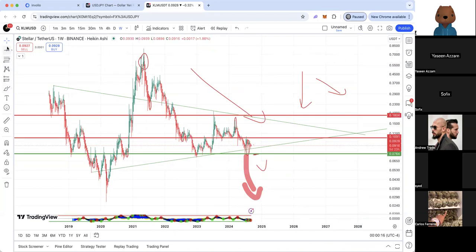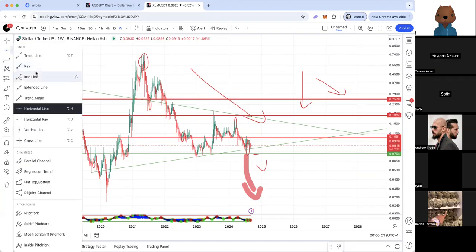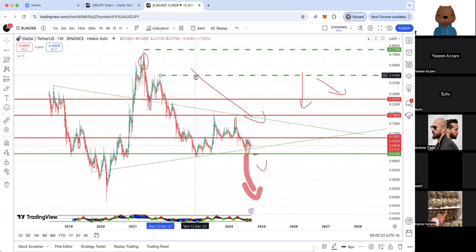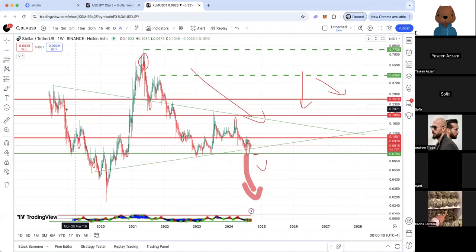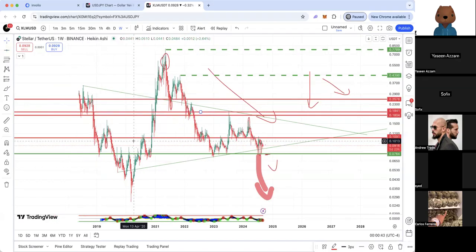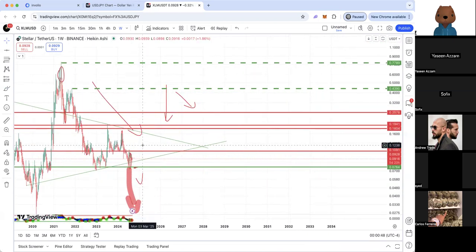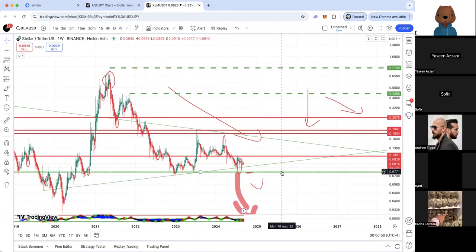We have another resistance here. Actual resistance. And so now that we have these levels, we can kind of understand what the hell's going on, right?